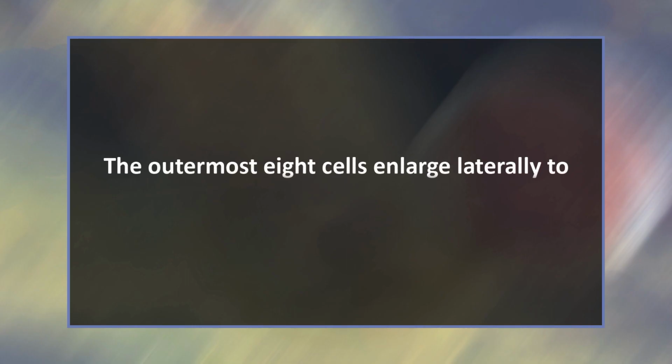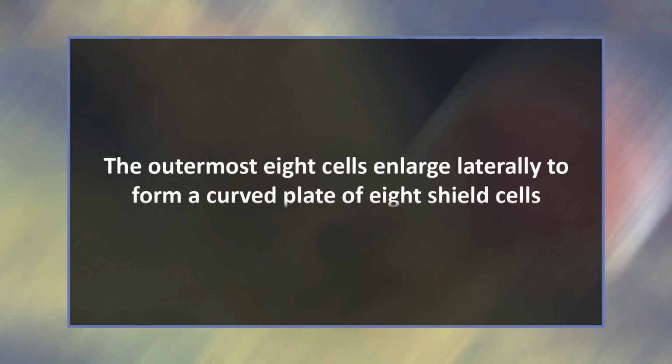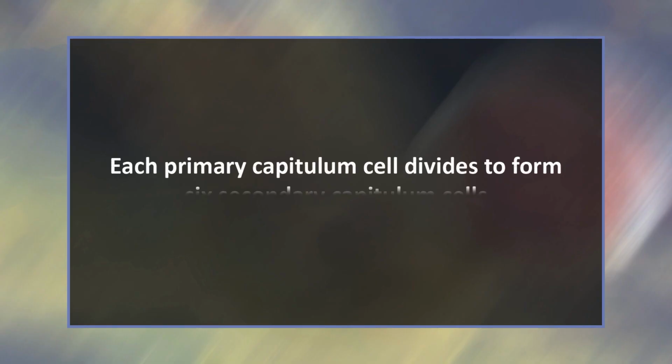The outermost 8 cells enlarge laterally to form a curved plate of 8 shield cells. The cells of the middle layer elongate towards center to make 8 rod-shaped manubrial cells. The cells of the inner layer function as 8 primary capitulum cells. Each primary capitulum cell divides to form 6 secondary capitulum cells.